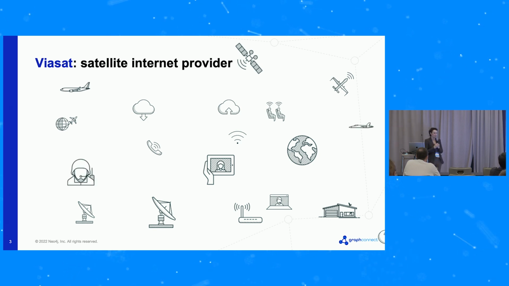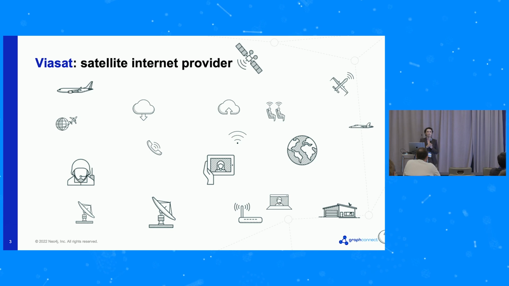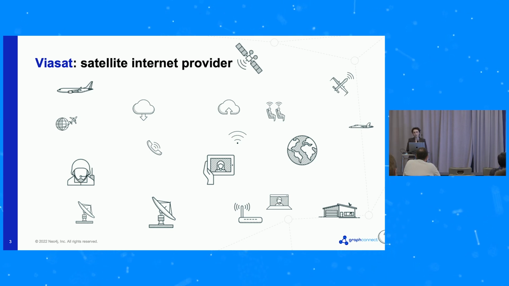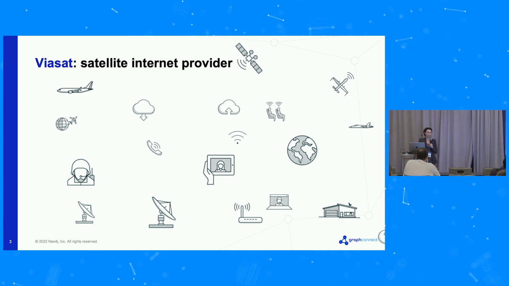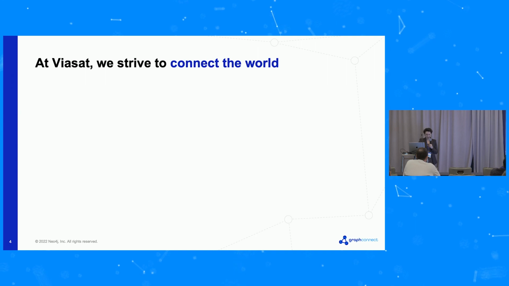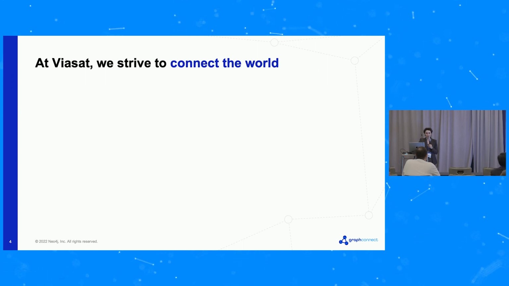We also are a government contractor. So we serve a lot around connectivity for comms and special flights. That has been a big part of our business development. And so, like I said, we strive to connect the world. That's our mission at Viasat.